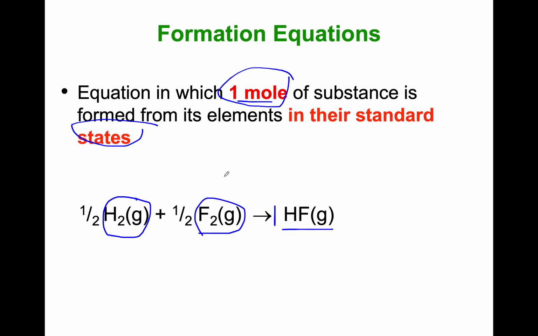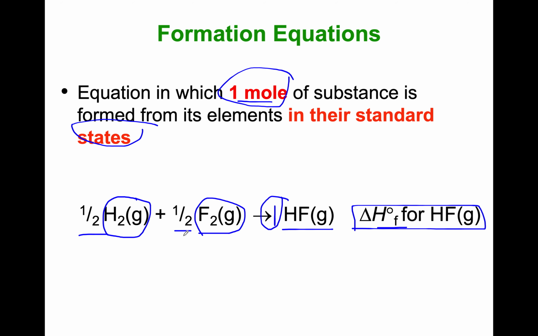Remember, 1 mole, that's why we have these fractions now. So that's half hydrogen, half fluorine. That gets us to this 1 mole of product. So that's the delta HF. So you see the subscript, that's the delta HF, or the formation, because it's 1 mole of a compound from the elements in their standard states.